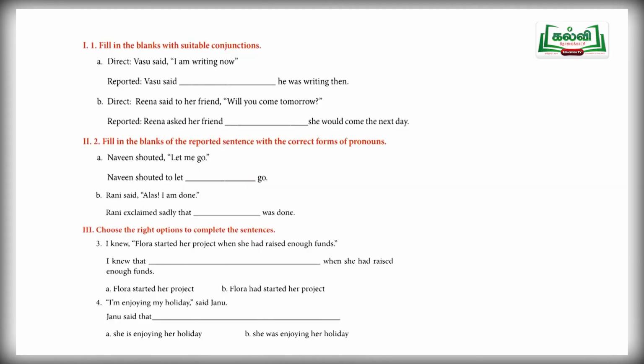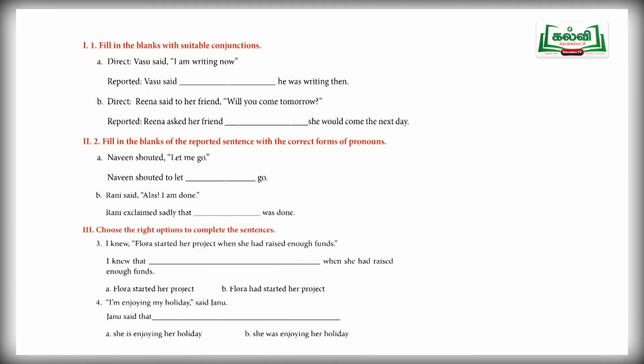Okay, children, now shall we see worksheet 14. First exercise: fill in the blanks with a suitable conjunction. Direct: Vasu said, "I am writing now." Reported: Vasu said, dash, he was writing then. What is missing there? The conjunction is missing. What is the conjunction?